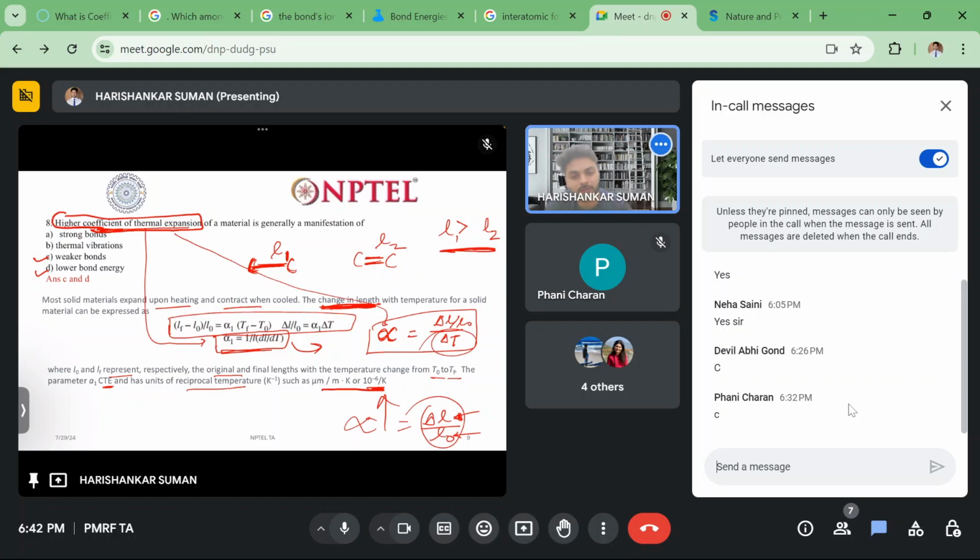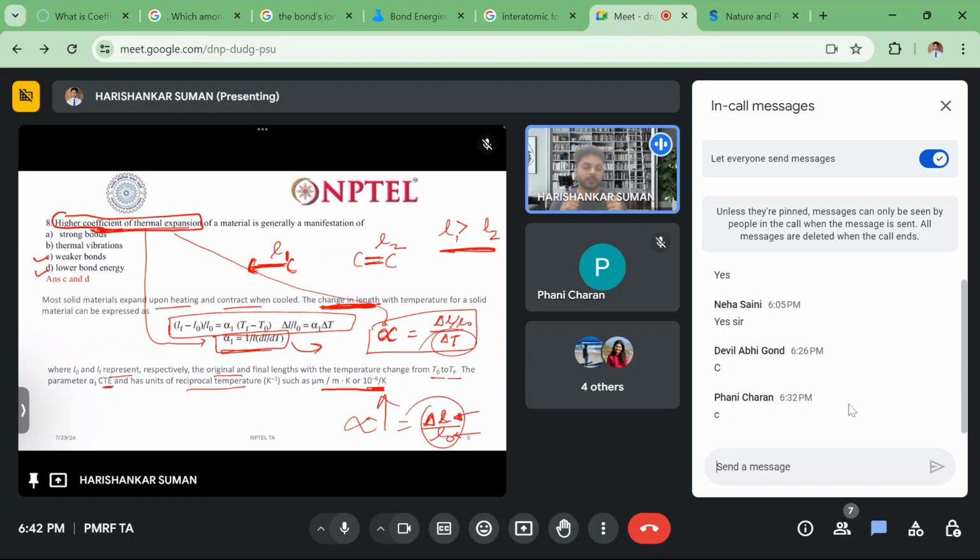So the change in length is high only when the bond is weak. Yes or no? If two atoms are tightly bound and we increase the temperature, more energy is required.